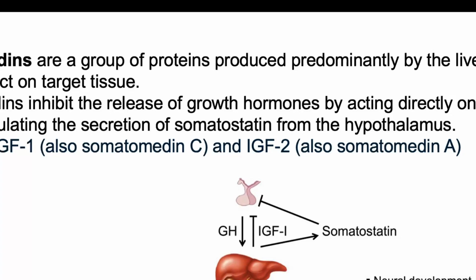IGF-1 has cardiovascular protective roles for cardiovascular development and protection. It is a vasodilator, it will dilate the blood vessels. It is also important for musculoskeletal development and growth, ovarian folliculogenesis, testicular function, fetal growth and differentiation, and many other factors. But most importantly, IGF-1 also inhibits growth hormone production via somatostatin or by acting directly at the anterior pituitary level.